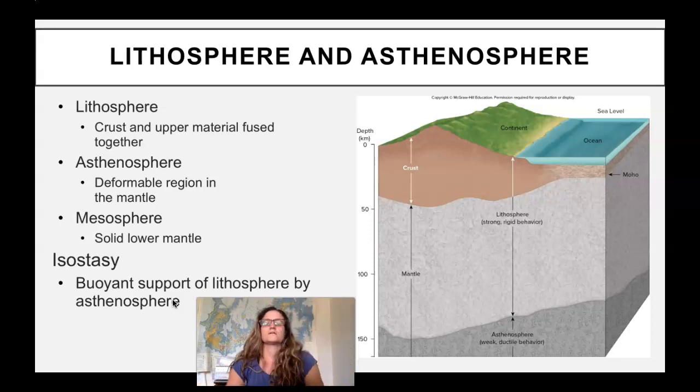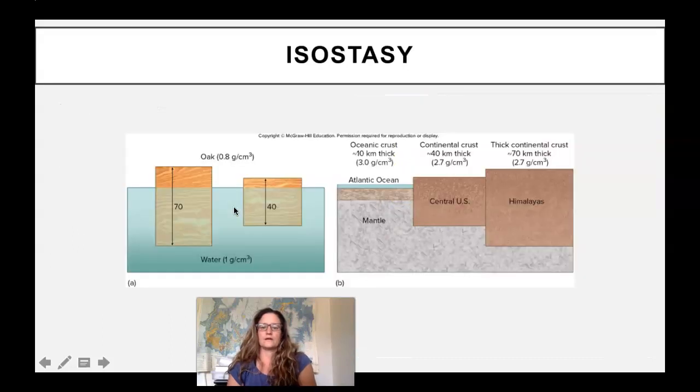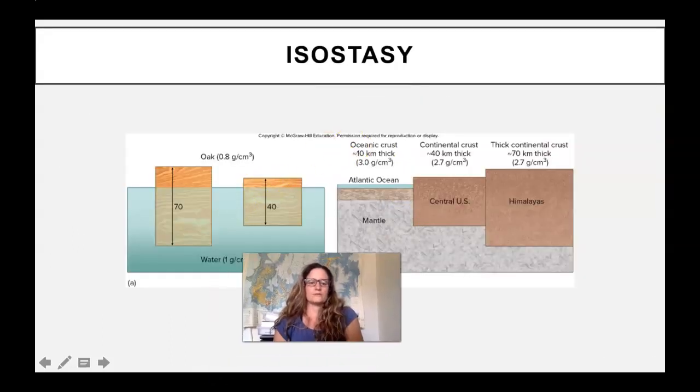I mentioned before that underneath the mountain chains there's a really big root to that crust, and that is going to hover along a line of equilibrium, in that the crust is just thicker underneath the mountain chains.